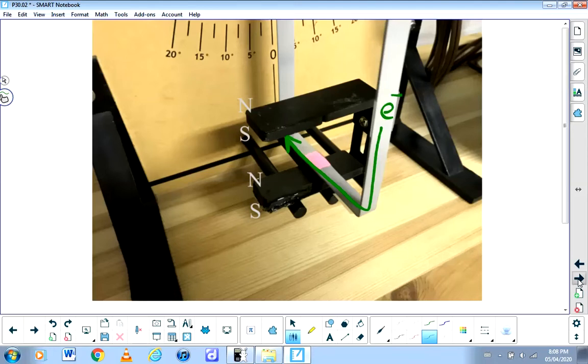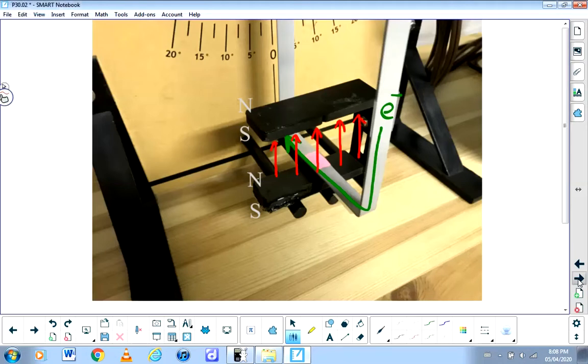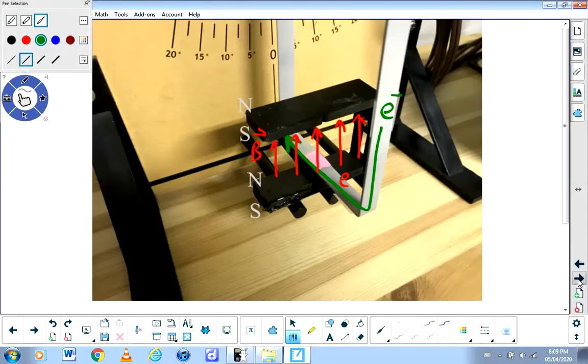We can see that there's a set of magnets at the bottom. The way this is currently set up, the magnetic field lines go from the north pole of this magnet to the south pole of the other. So we have magnetic field lines going from the bottom of the page to the top of the page, and we have electrons that are flowing into the page. Here's our magnetic field labeled, here's the electron flow labeled.